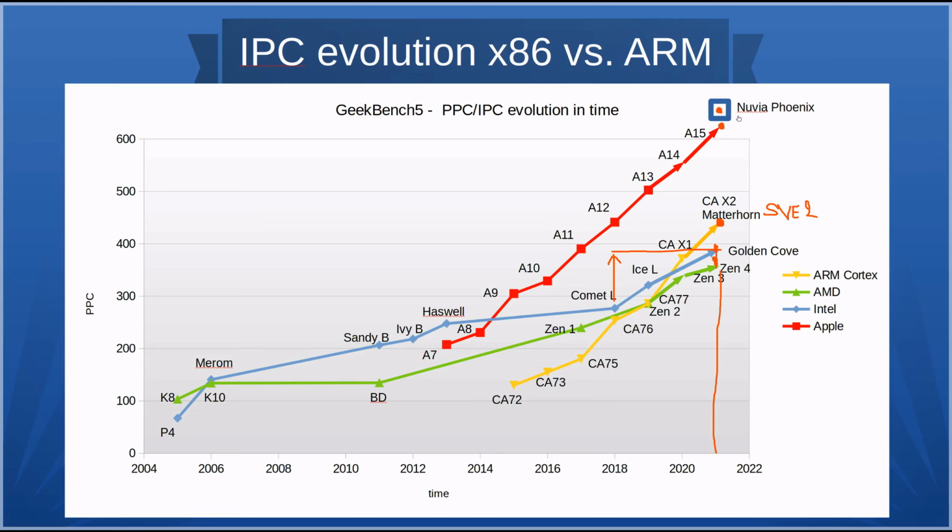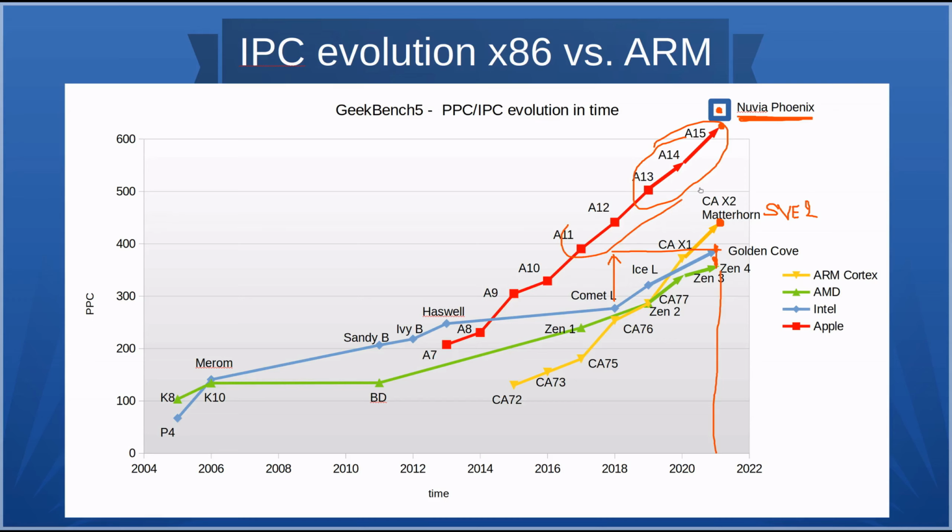This is the same chief architect, Gerard Williams III. He left Apple and created his own startup. So actually, the father of those cores is the same guy who is designing the Nuvia Phoenix core. So this is the same family actually.